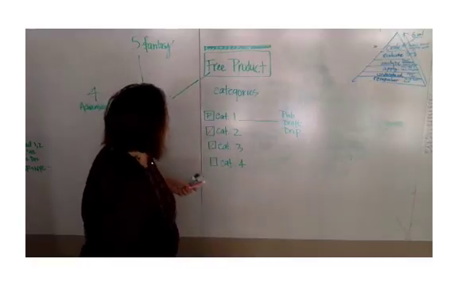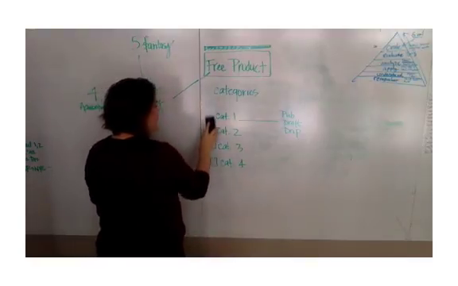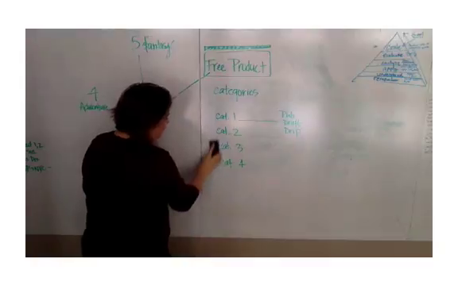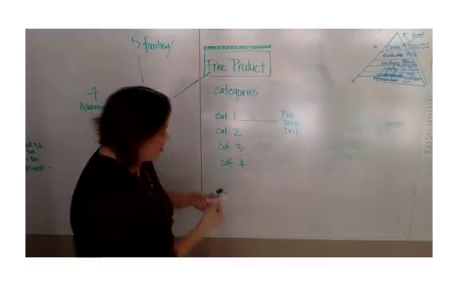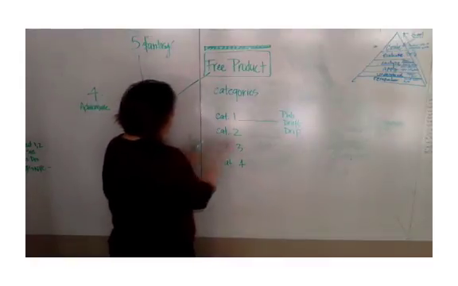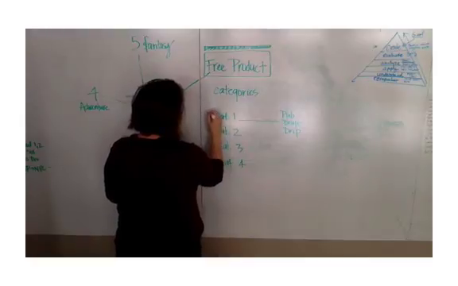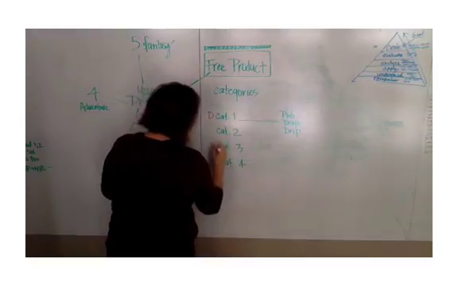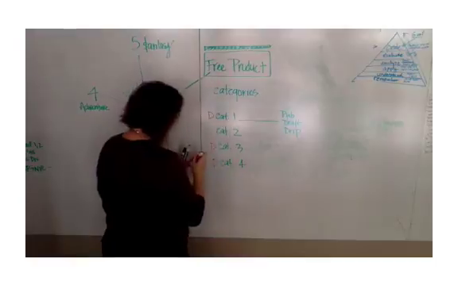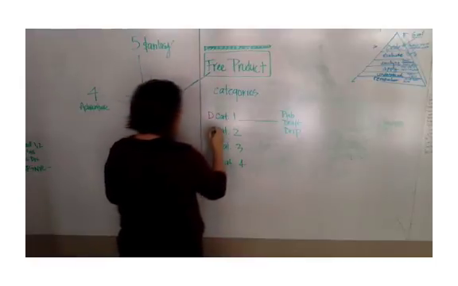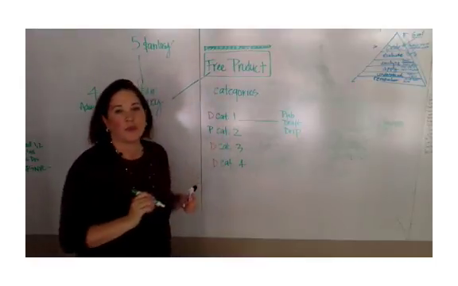Now, this category 1, we'll erase these again. This time we'll just do check marks. This one, we'll do D's. D for draft. Draft, draft. Now, category 2 is published.